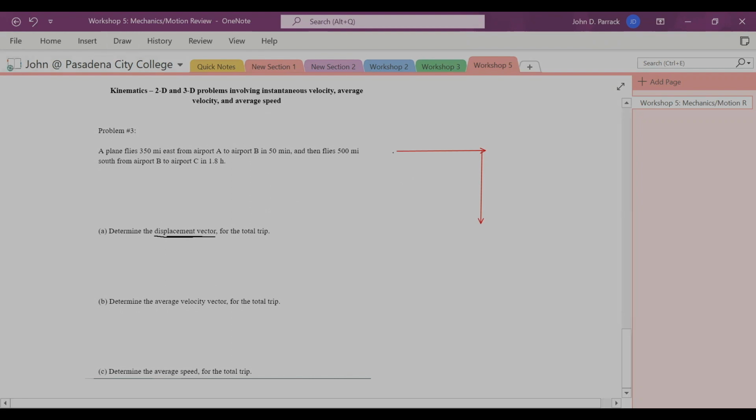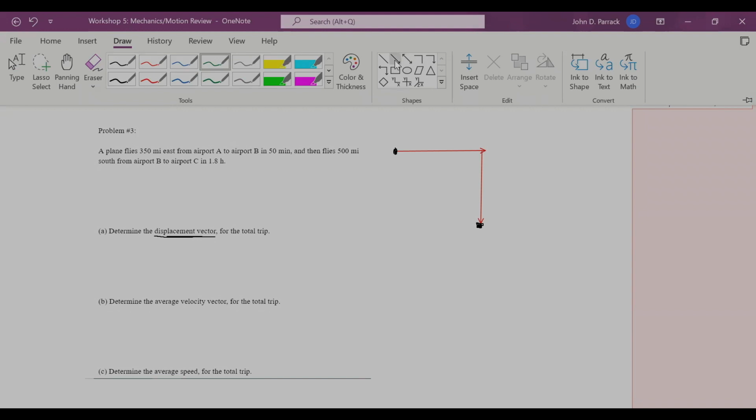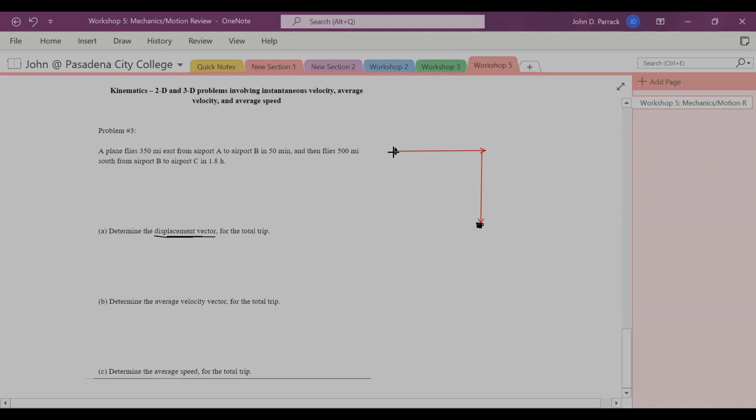We started over here, and they say, give me the vector that takes me to point C, airport C. We traveled from A to B and from B to C. So give me the vector that goes straight along that line. Maybe I'll do this one in green. We're looking for this displacement.